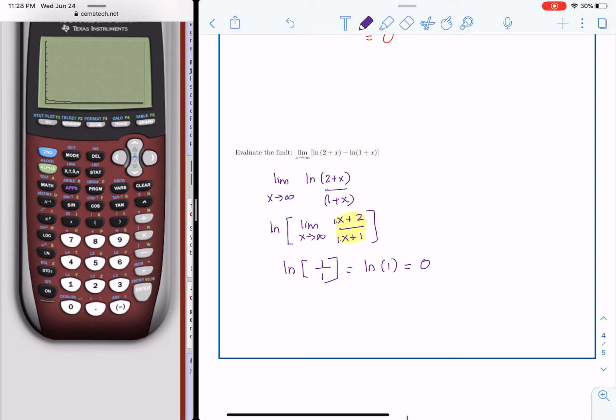And if we adjust the y-axis and change it to 0 to perhaps 1.5, you can see it is dropping down towards 0 rapidly. So the limit here is simply y equals 0, or the horizontal asymptote is the x-axis.